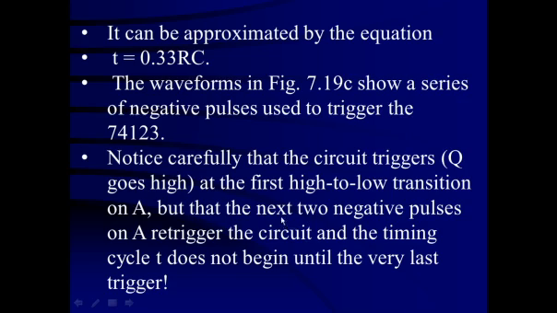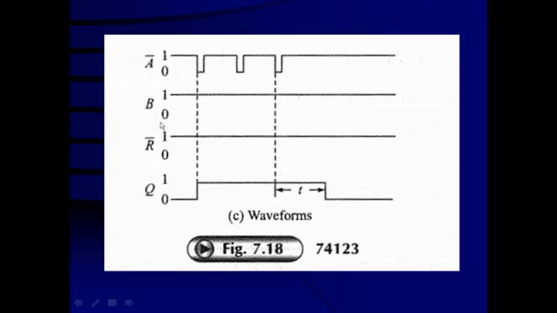Notice carefully that the circuit triggers, Q goes high at the first high to low transition on A bar, but the next two negative pulses on A re-trigger the circuit, and the timing cycle T does not begin until the very last trigger. You see that B is going to be high, R bar is going to be high.